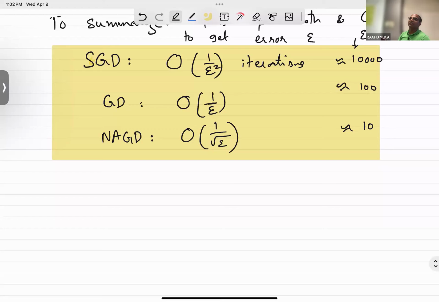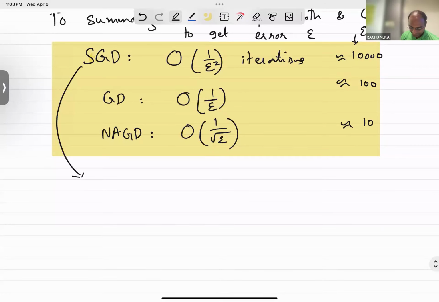Even look ahead plus momentum would not help. In practice, it typically makes a difference, but there are examples, which are less common, fortunately for us, where momentum doesn't help at all. So this, I should say, is a remark.